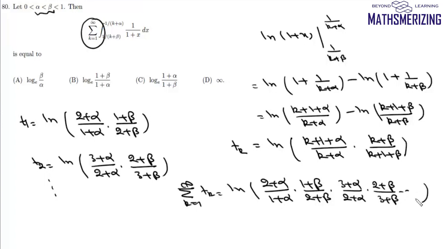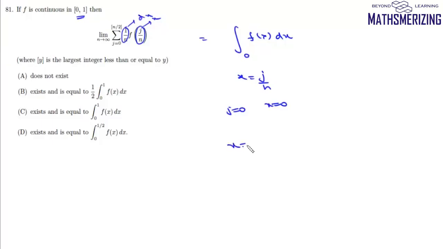This series will continue. Now here we can cancel 2 plus alpha with 2 plus alpha, and then 2 plus beta with 2 plus beta. In the same way every other term will cancel. So this summation will be log of (1 plus beta) upon (1 plus alpha), and that's your option number B.